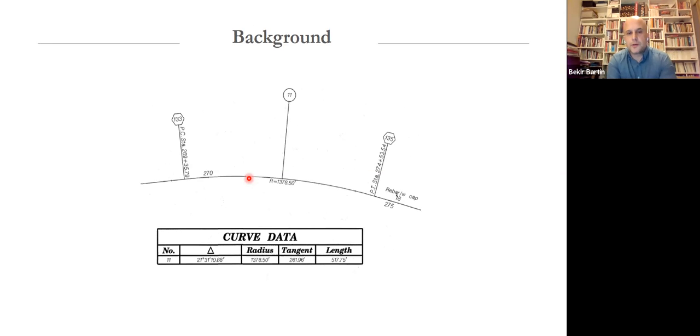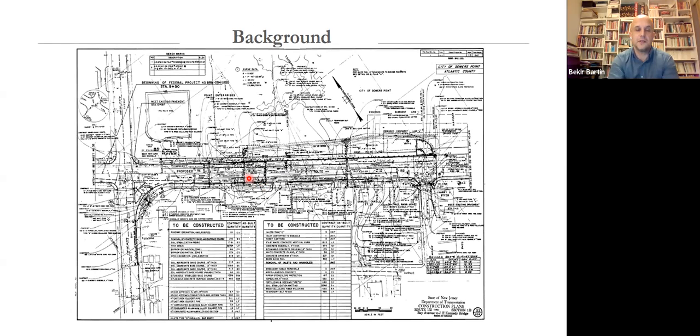But depending on your scope, if you're dealing with a network-wide analysis, obviously going through all the plan sheets is not feasible. It is time-consuming, it is costly, and also not all the plan sheets are as nice looking as these ones. If you go to the old archives, you can see plan sheets like this, very hard to decipher and get the information that you need.